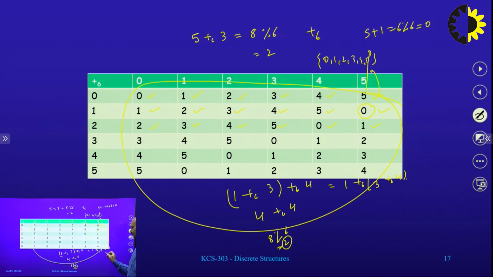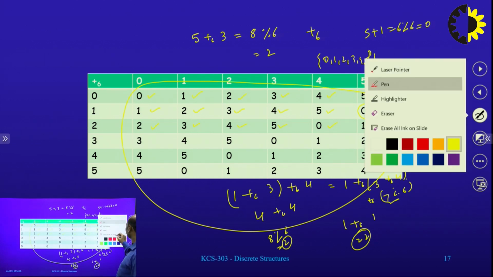And from the right hand side, 3 plus 4 becomes 7, 7 mod 6 becomes 1, then 1 plus 1 becomes 2. So left hand side is equal to right hand side. So we can say that the associative property is satisfied.